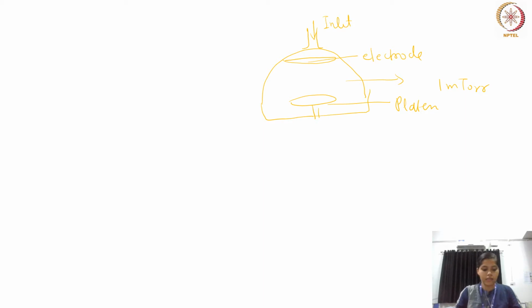Suppose this is your chamber, here is your electrode somewhere, and this is your substrate platen like this, and here is the inlet also. The pressure is around 1 millitorr here, and this plasma is created in this region. So the gas molecules are ionized now.